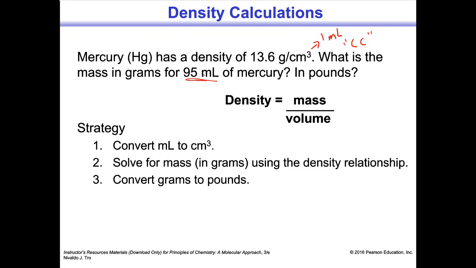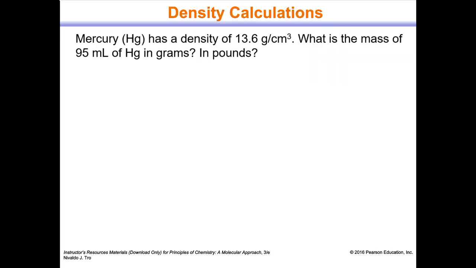In this case, 1 milliliter is equal to 1 centimeter cubed, so no real tough calculation there. It's just a one-to-one thing. Next, solve for mass in grams using this relationship, and then lastly, convert grams to pounds.